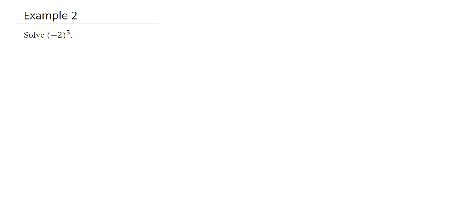So let's look at another example. So example 2, we're going to solve for the following. We have in parentheses -2 raised to the fifth power. So let's go ahead and write this out. So we have -2, which gets multiplied by itself, right, 5 times.